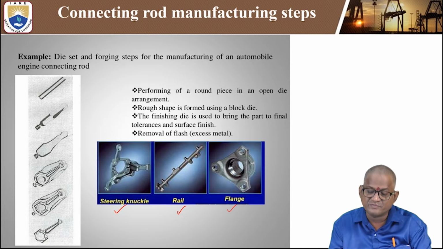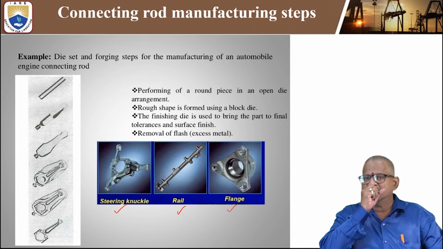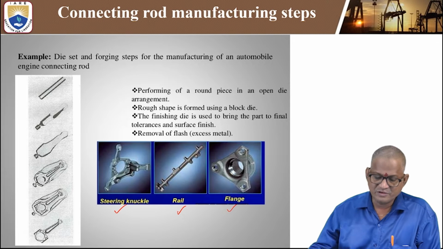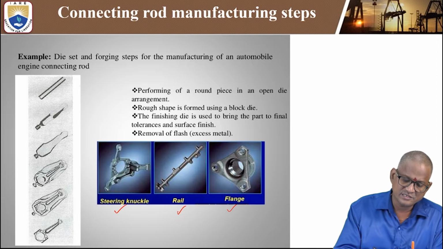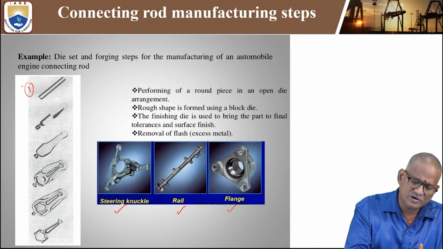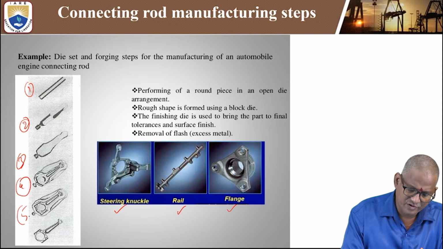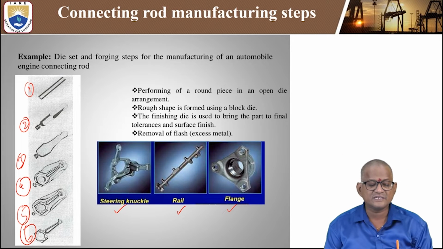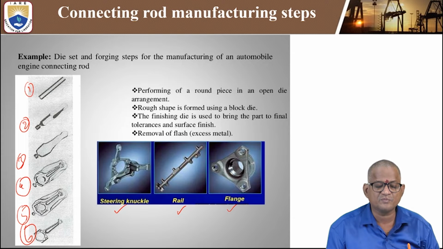Whenever you perform this, you need good accuracy so a good product can be produced. One more thing: this is a drop forging process. You can see steps 1, 2, 3, 4, 5, and 6. There are six different steps required to form the shape and size of any component.